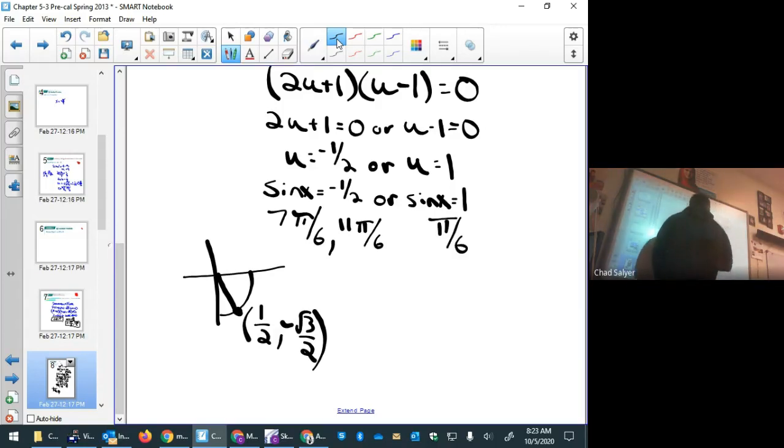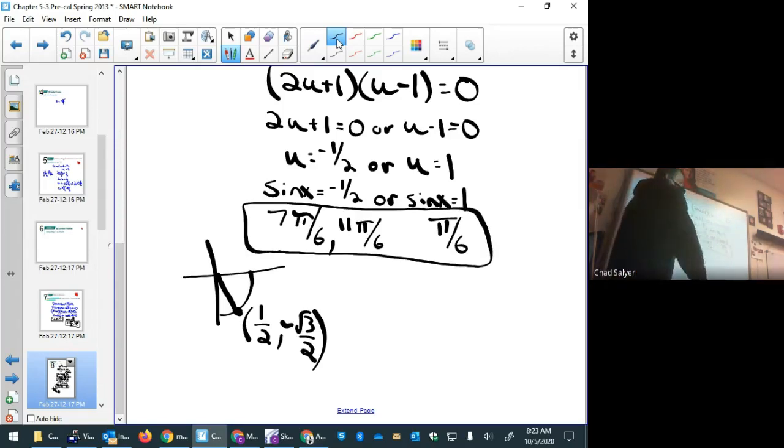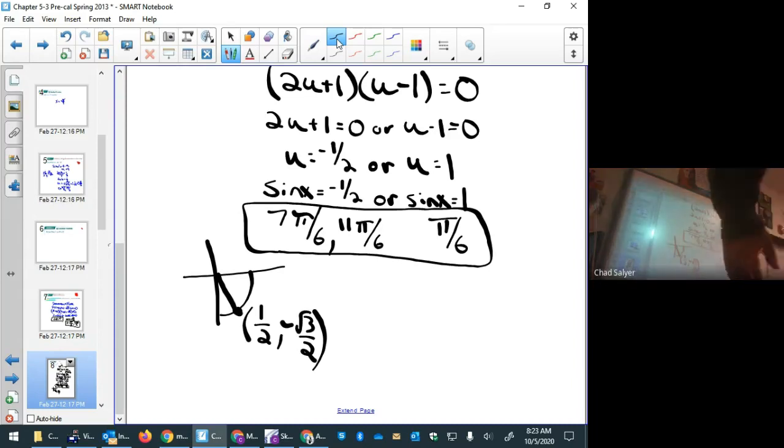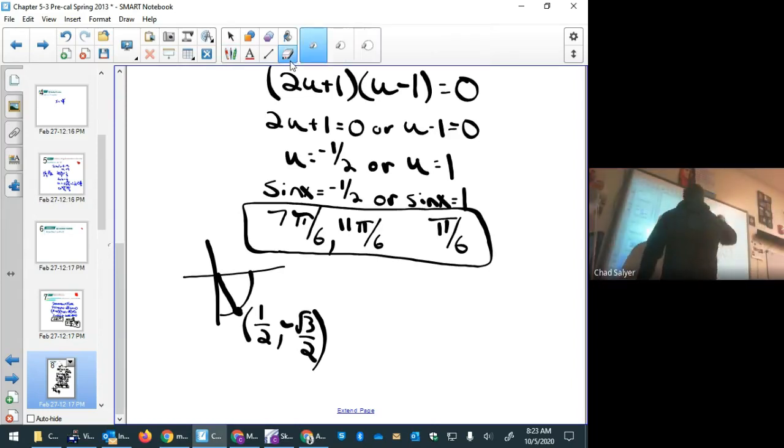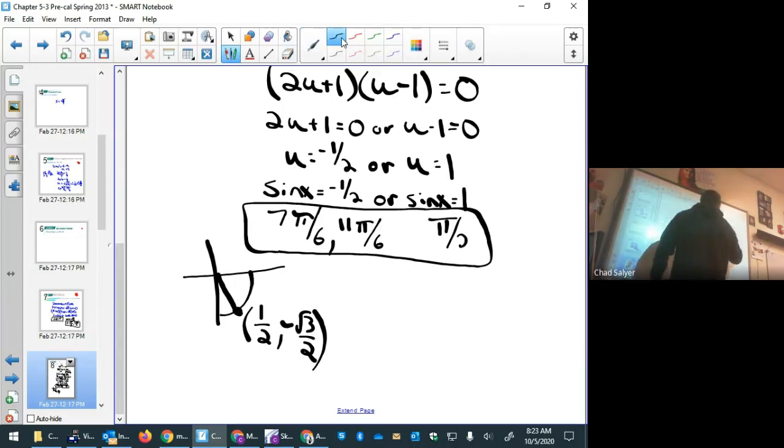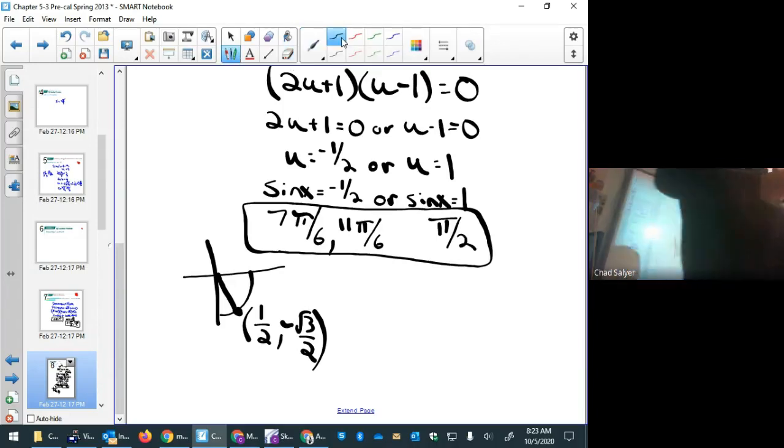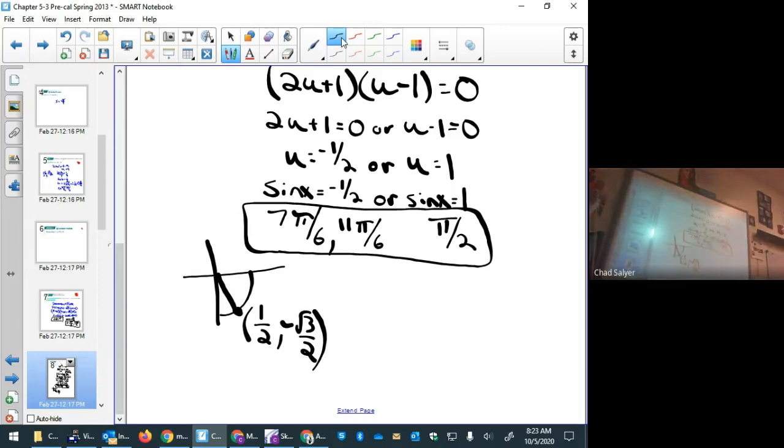Good. So these are the solutions for x on the unit circle. Pi over 6? I thought it was pi over 2. Oh, I'm sorry. I don't even know why I wrote 6. Losing my mind. I guess I was a little frustrated and I let that make my brain not function. Okay, so anyway, 7 pi over 6, 11 pi over 6, pi over 2.